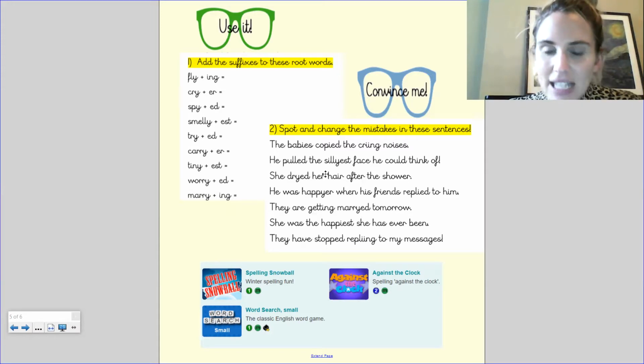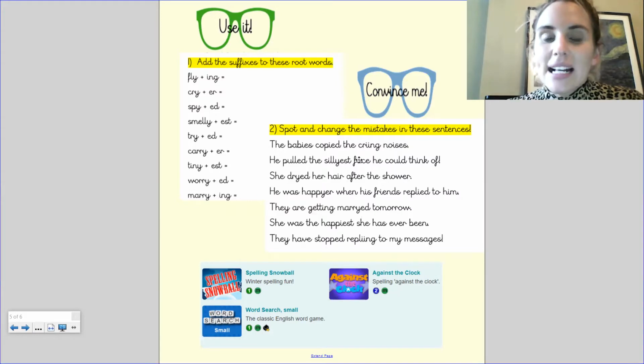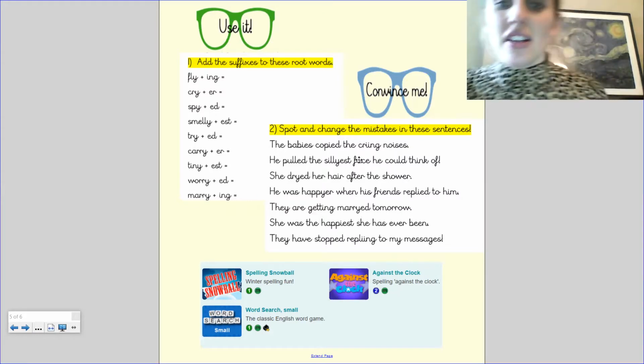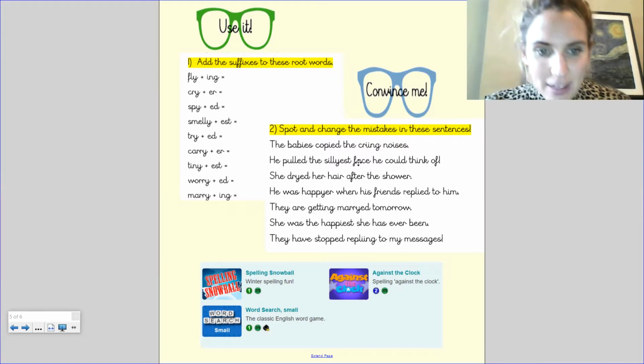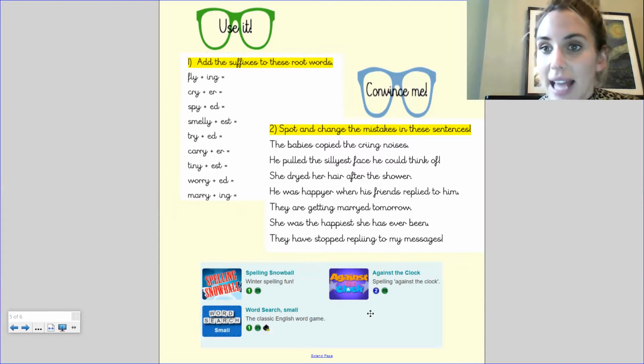And secondly, you're going to spot the mistakes in these sentences. So spot the words where the rule hasn't been applied and change those spellings to the correct ones. And finally, on Classdojo, there are some games on a website that you can play applying this rule as well. Okay, so you can play those games over the next week.